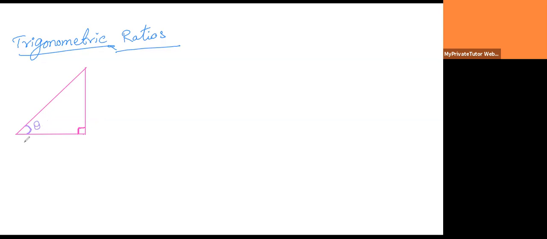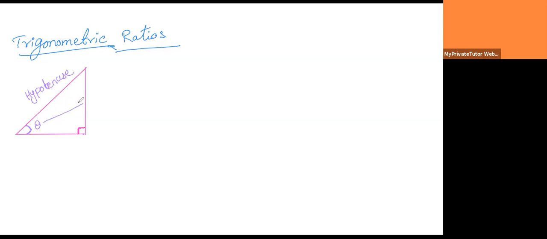So if I'm taking this as the angle, I hope you guys know that this is the hypotenuse side because it is the longest side. Yeah, hypotenuse side. Which one is the opposite side? The one which is opposite to the angle.